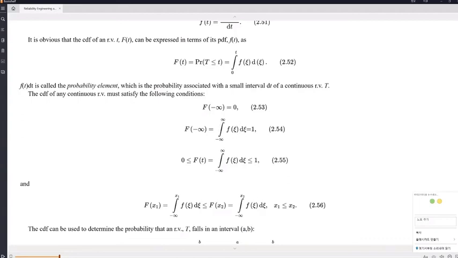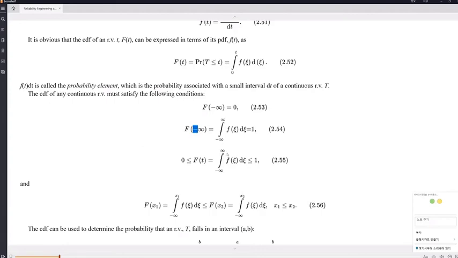And when t approaches infinity, this function will approach 1. I think we should erase this one. This is just one typo. The cumulative distribution function when t approaches infinity is 1. So just delete this negative sign.